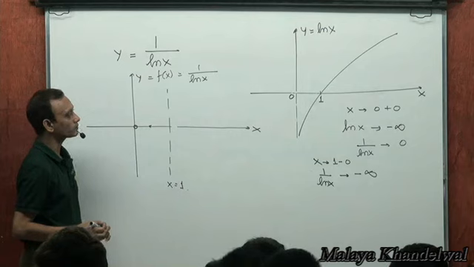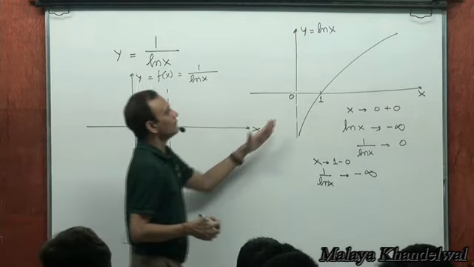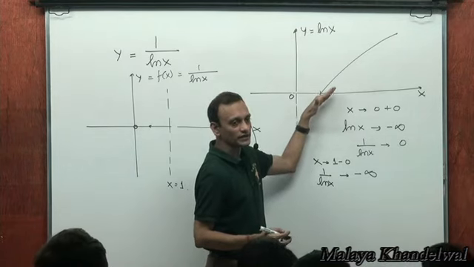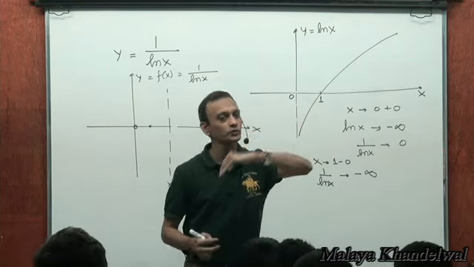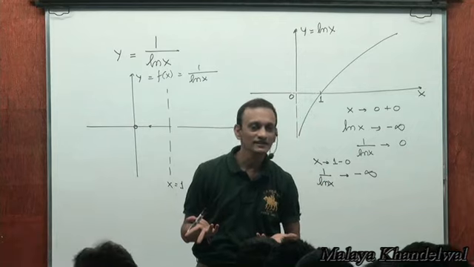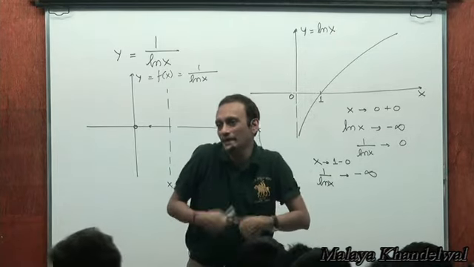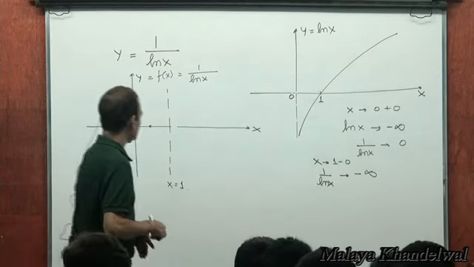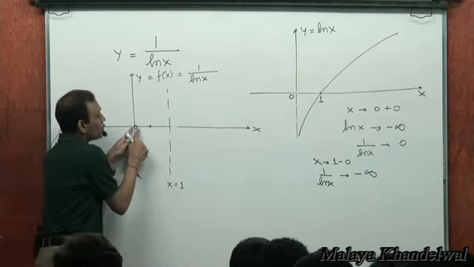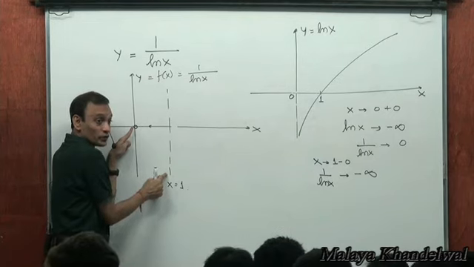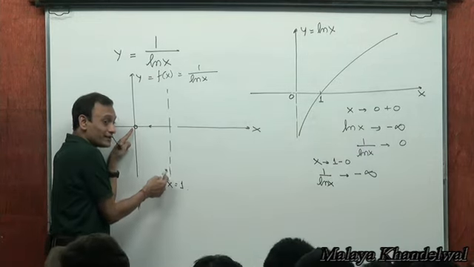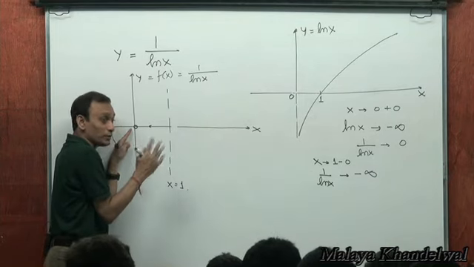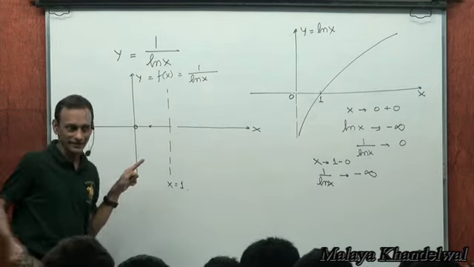If ln x in the interval 0 to 1 is monotonically increasing, then 1 by ln x would be monotonically decreasing, isn't it? As ln x increases, 1 by ln x decreases. You don't differentiate unnecessarily. So when I draw the graph from 0 to 1, there is no local maxima or minima that appears, because it's monotonic in this interval, right?